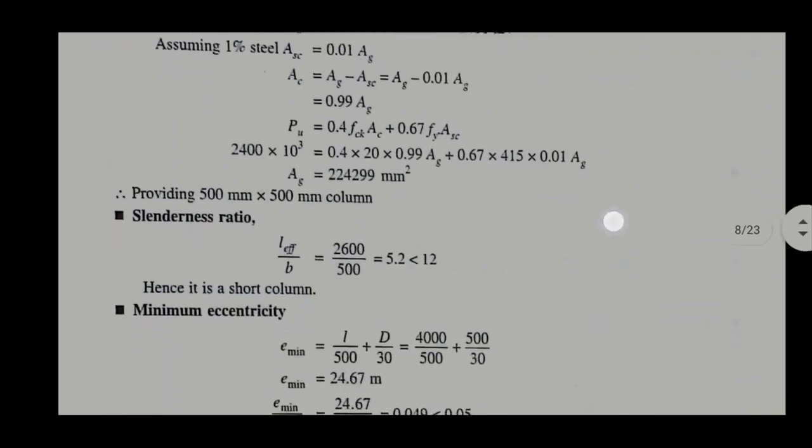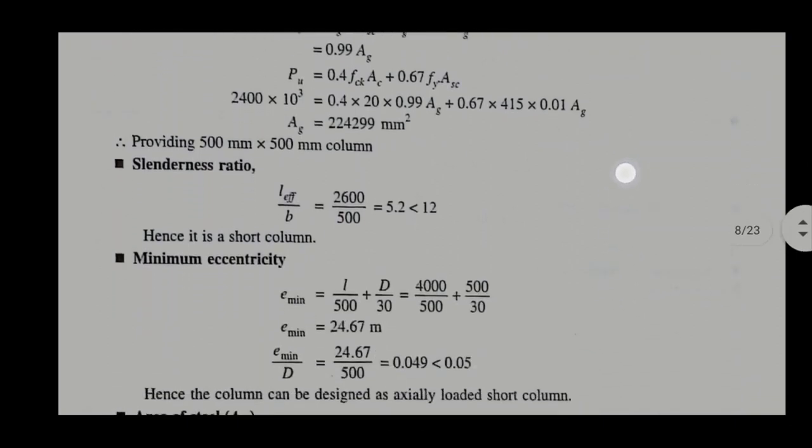Now the next step is minimum eccentricity. For minimum eccentricity, we know that e minimum is equal to L by 500 plus D by 30, that is equal to 4000 by 500 plus 500 by 30, that is equal to 24.67.